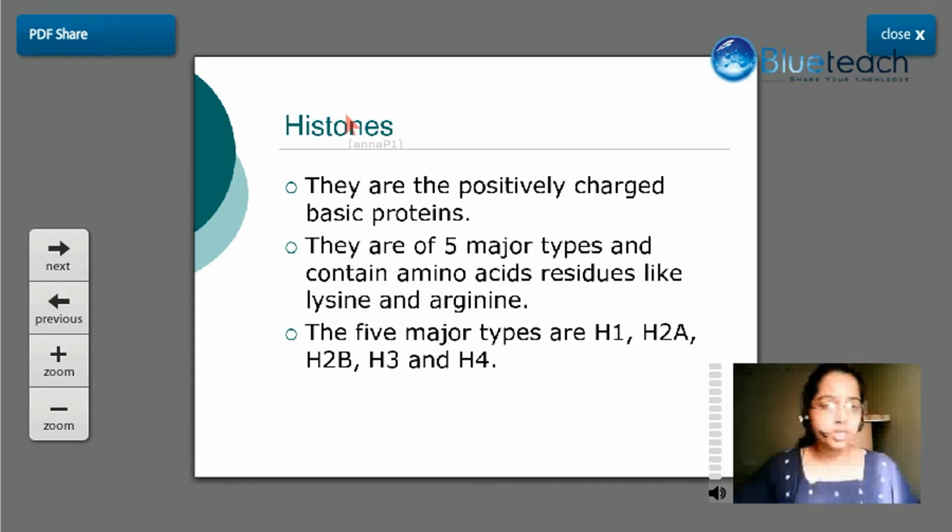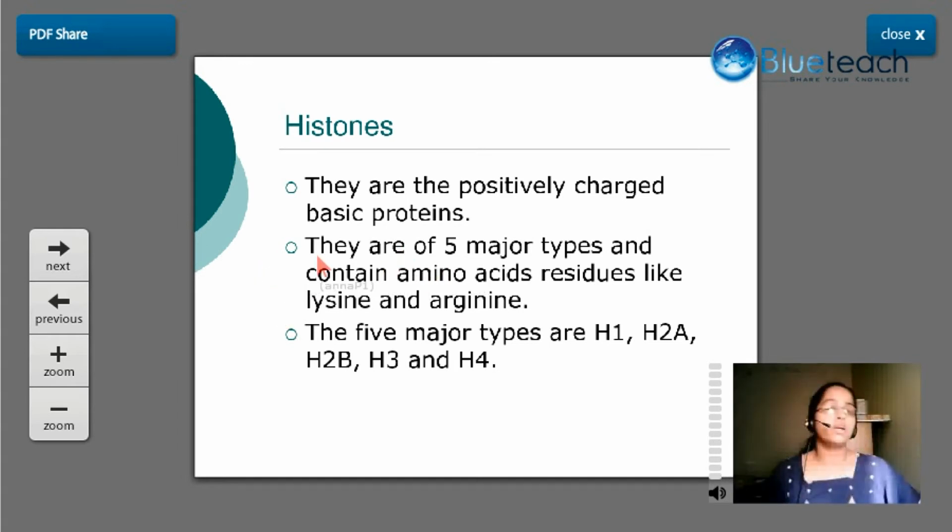Histones. What are these histones? They are positively charged basic proteins. Now, as I said, the DNA is negatively charged because of the phosphate groups. In the case of eukaryotes, this negative charge is neutralized with the help of the positive charge of the basic proteins, which are histones. Histones are basically of 5 major types, and they contain amino acid residues like lysine and arginine. These are basic amino acid residues, lysine and arginine.